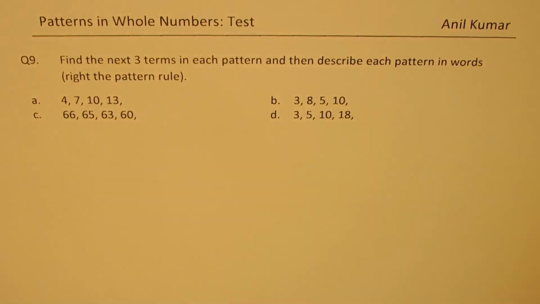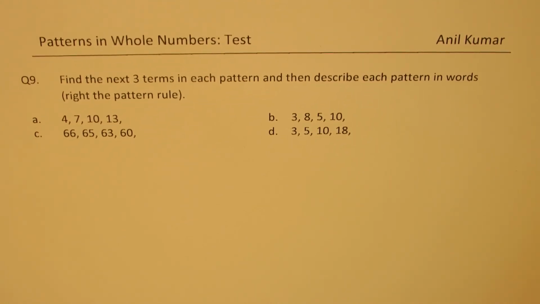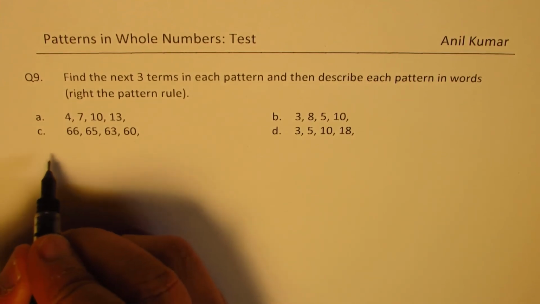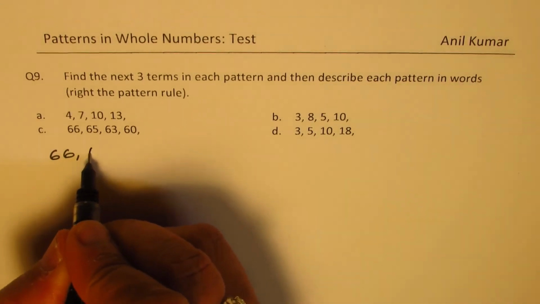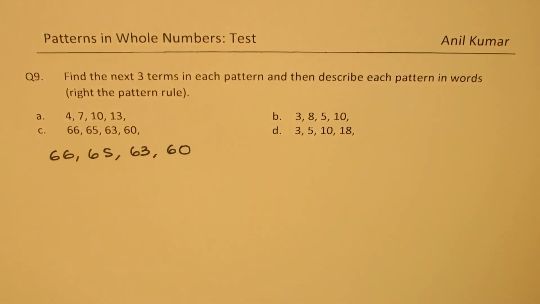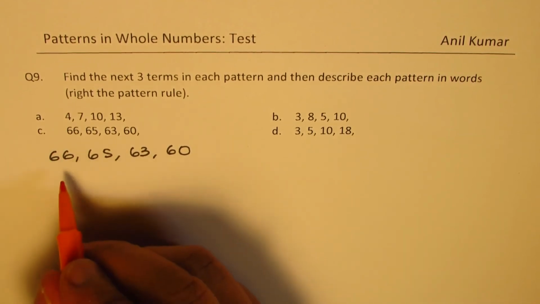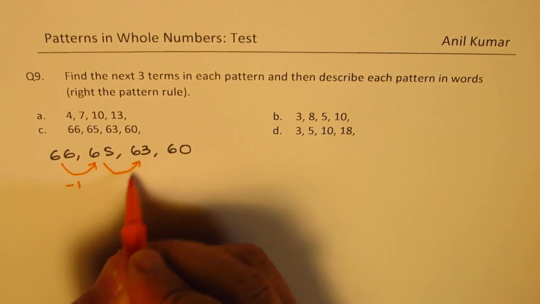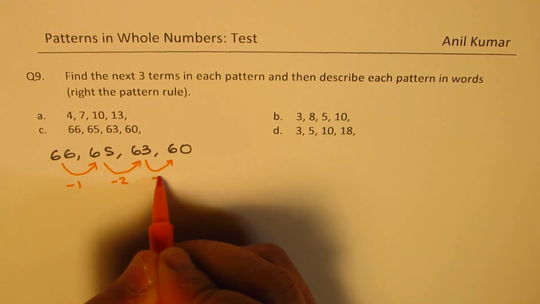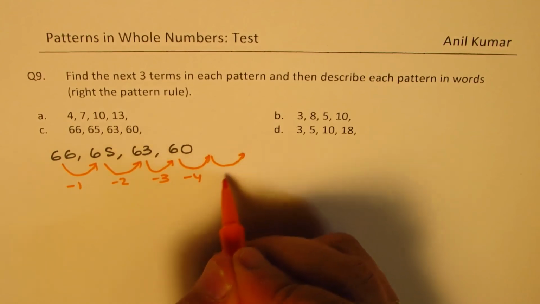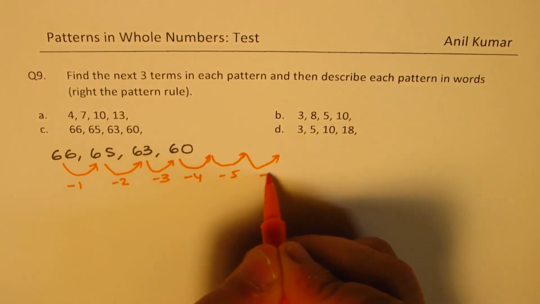Now let's move on and take the next 2 questions and see how to describe those types of patterns. Nine C: the numbers given to us are 66, 65, 63, 60. In this case, it is a decreasing pattern. To go from 66 to 65, we take away 1, and then we take away 2, and then we take away 3. That means for the next number, I should take away 4, and then I should take away 5, and then I should take away 6.